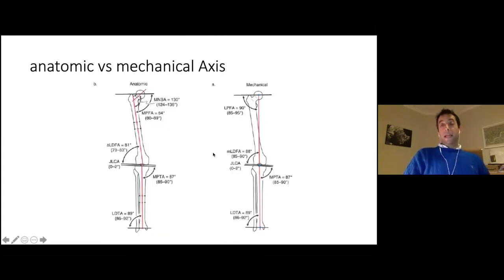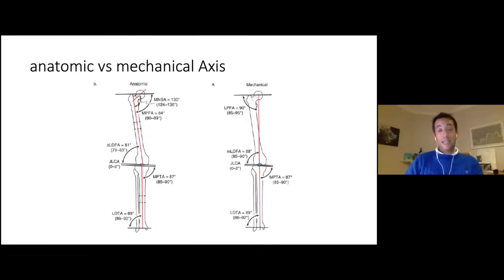The next thing is then understanding the methodology that we use to assess the limb from a deformity point of view. And this comes back to understanding the axes of the bones, and that's of the bones, not the limb at this point in time. And we'll come to the overall tests in a minute.